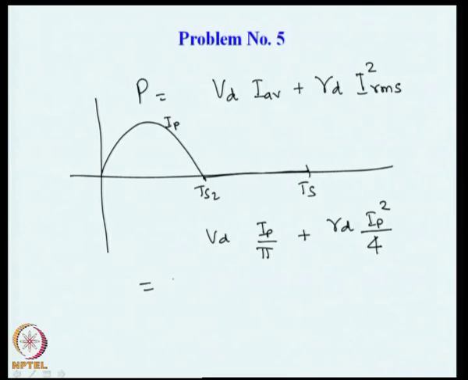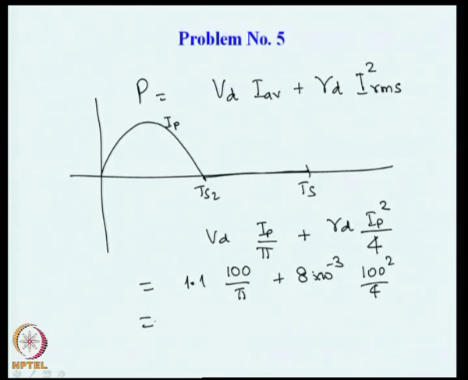and in our application Vd is 1.1 and Ip is 100, divided by pi, plus Rd is given as 8 milliohm multiplied by Ip square, which is 100 square divided by 4.